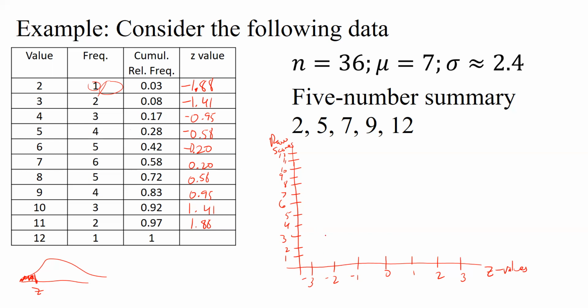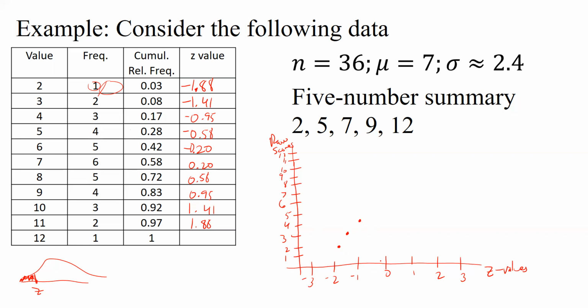So a Z value of -0.88, somewhere around there, has a raw score of 2. Okay. A Z value of 1.4, say somewhere around there, has a raw score of 3. A Z value of 0.95, that's just under 1, has a raw score of 4.